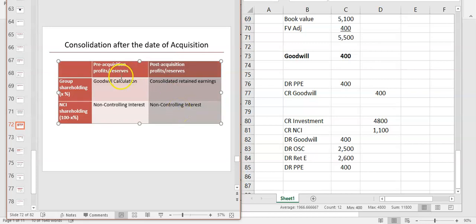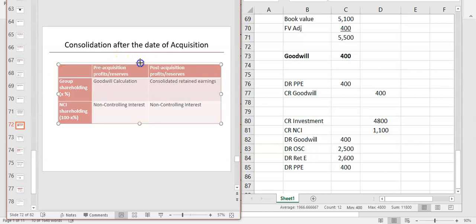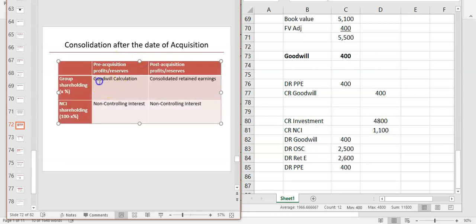Anything pre-acquisition for retained earnings, for revaluation reserve, that goes to the goodwill calculation or the valuation of the NCI. Post-acquisition, that will go to consolidated retained earnings or group retained earnings for the group's share. So any profits, their share of profits in the subsidiary after the date of acquisition increases group retained earnings.